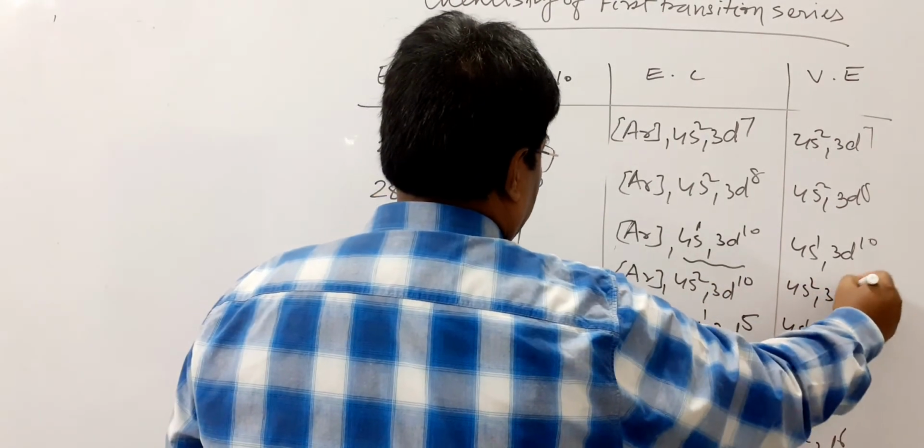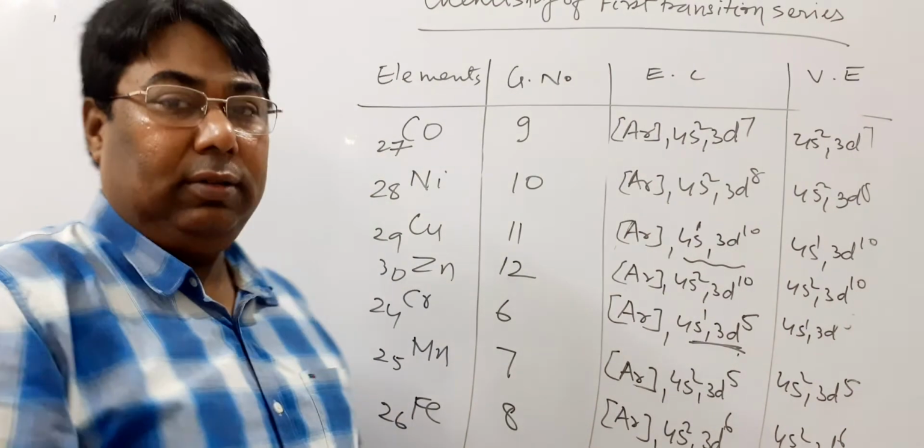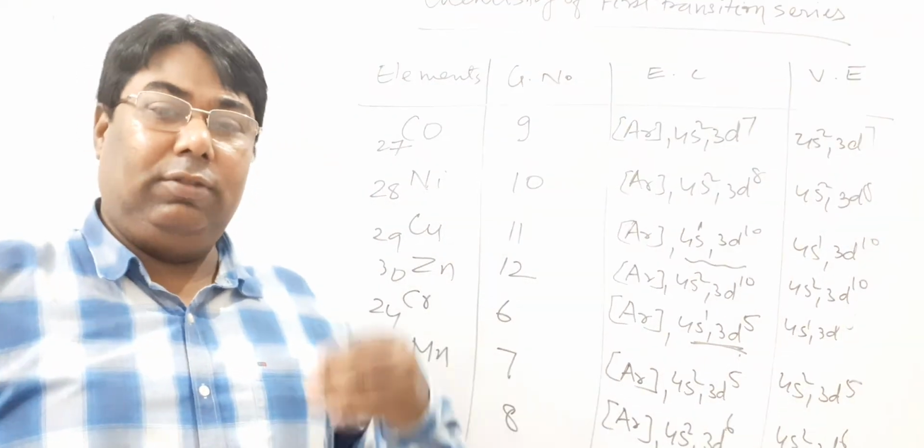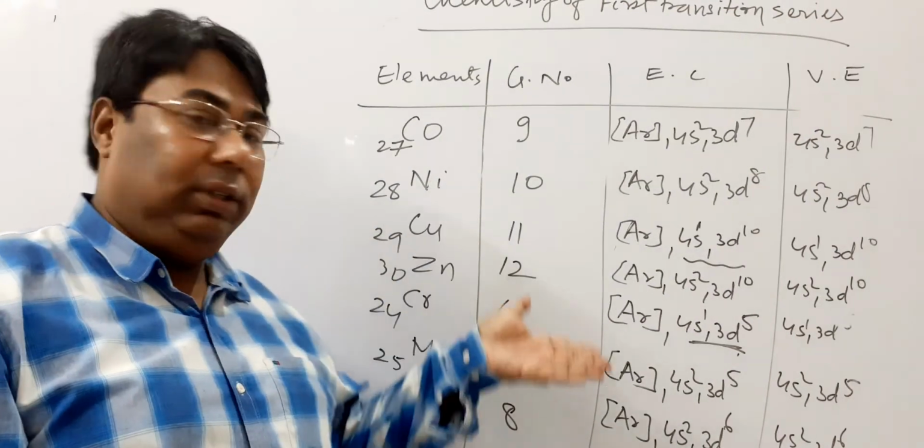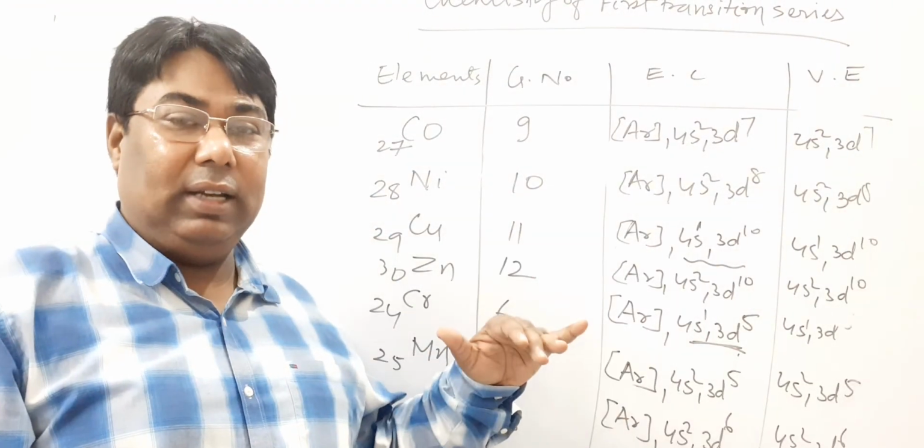So these are the elements of the first transition series, and their electronic configuration, group number and valence electrons.